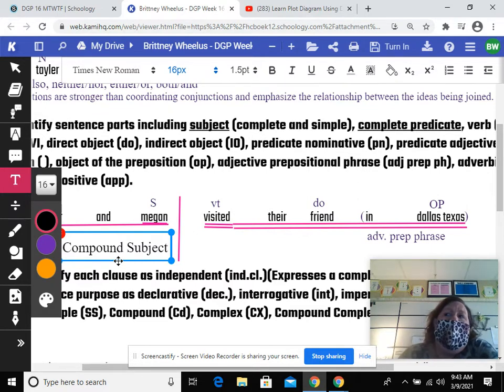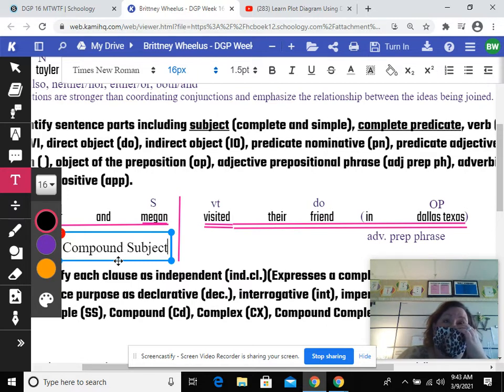Now, because I have a direct object, is my verb transitive or intransitive? It is transitive. The abbreviation for a transitive verb is VT. What part of speech will a direct object always be? A noun or a pronoun. A direct object will always be a noun or a pronoun.